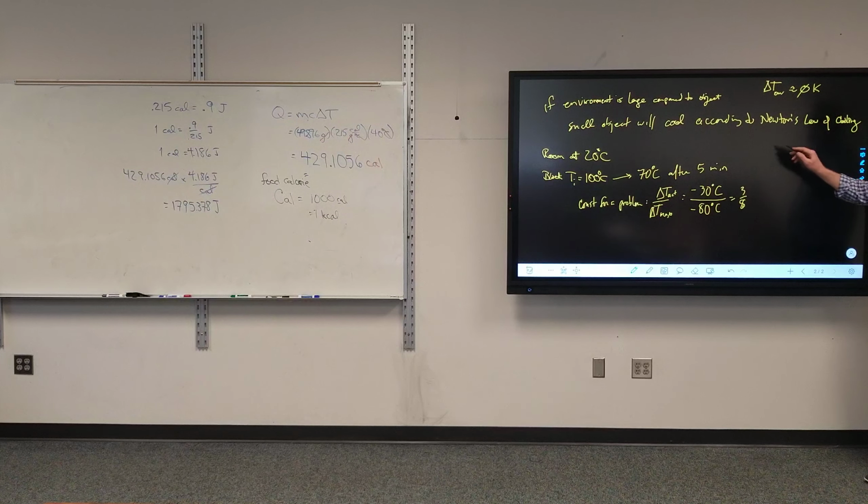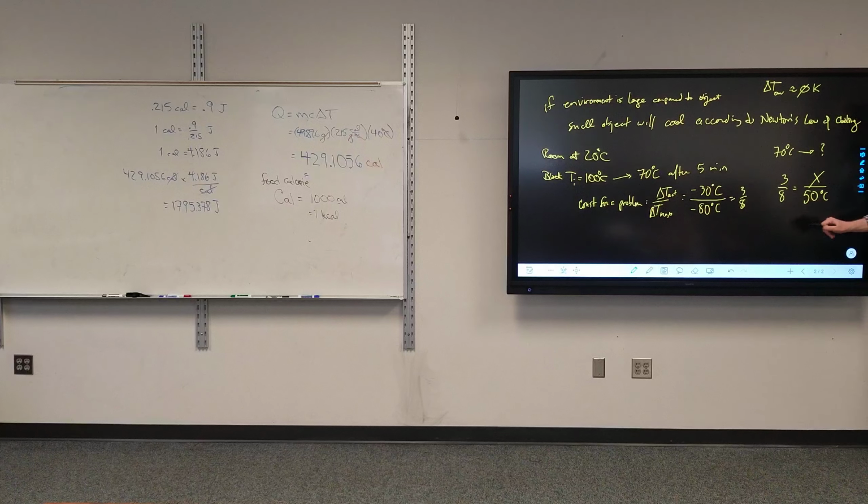All right, so at 70 degrees, so it's now at 70 degrees. So in the next 5 minutes, it's now at 70. After 5 minutes, what is the temperature? Well, I know that my fraction is 3/8. The most at this point it can lose is what? 50. The most it actually will lose, that's what we're trying to find.